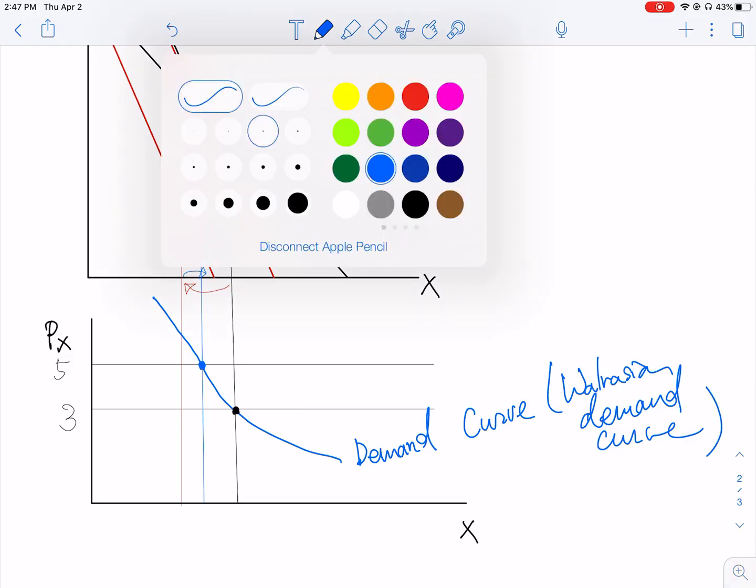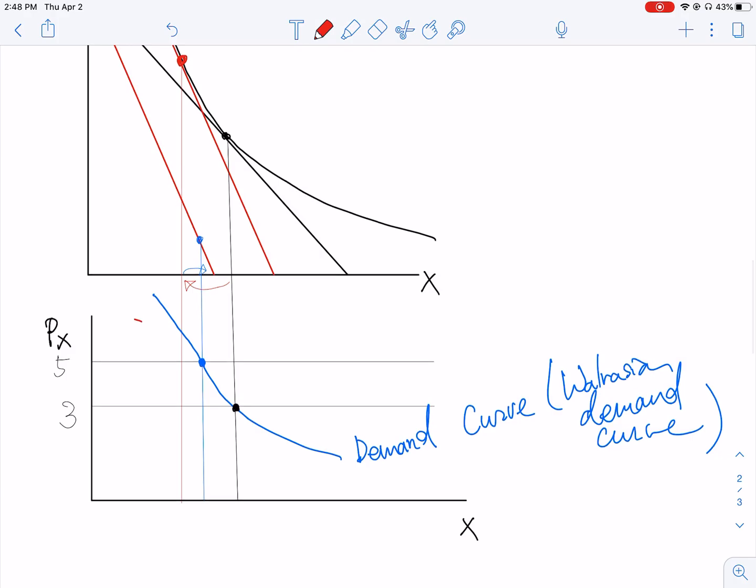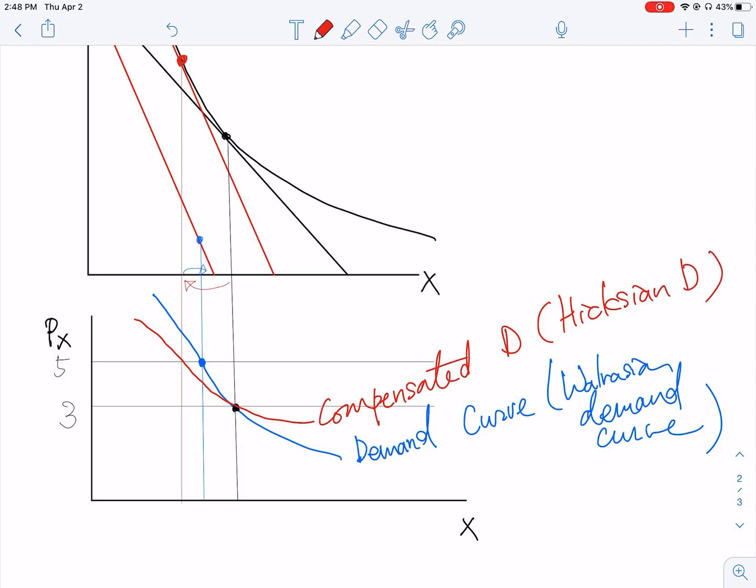And if you think of only the substitution effect, it's going to look like that. So this is going to be the compensated demand curve, or sometimes it's called the Hicksian demand curve, right? As you see, the compensated demand curve is flatter. In other words, when I ignore the income effect, the response to a change of the price is larger than the response when I include the income and the substitution effect.